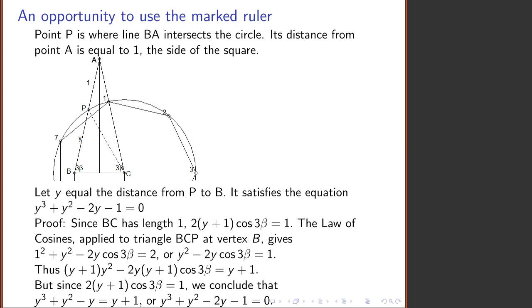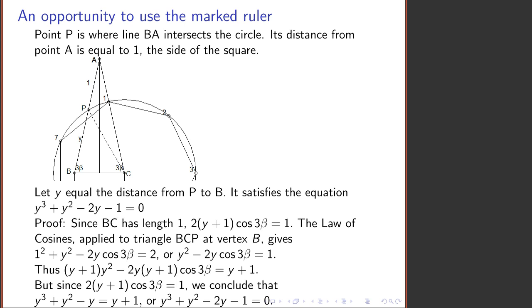Okay, now I have to prove that y satisfies the cubic equation for the heptagon. I'm going to do this using the law of cosines. Here I have a triangle. This side, BC, has length 1. This side has length y.